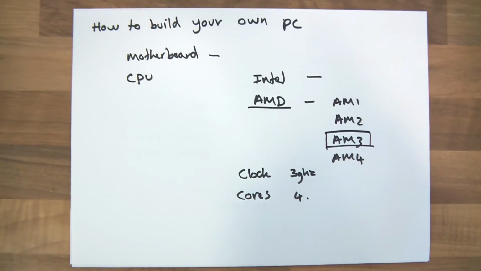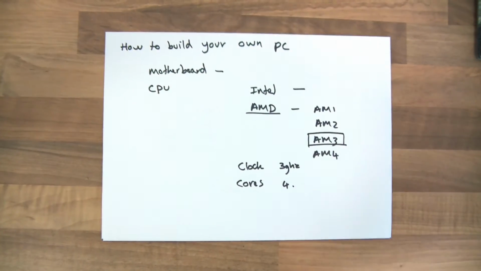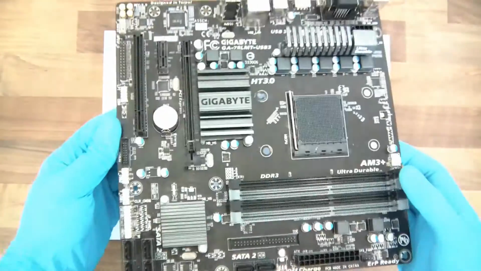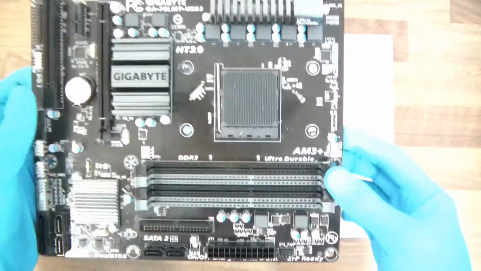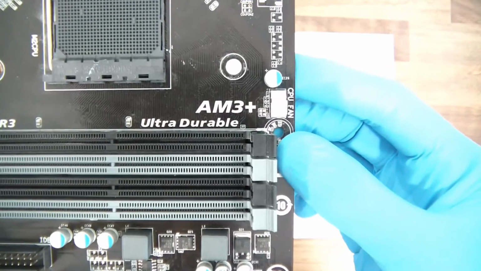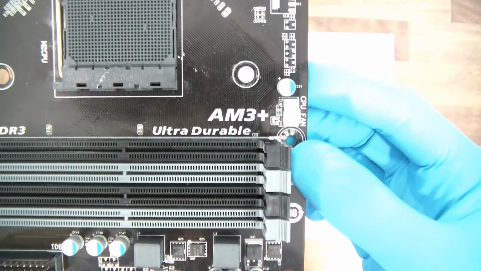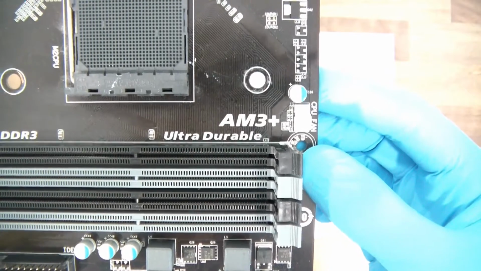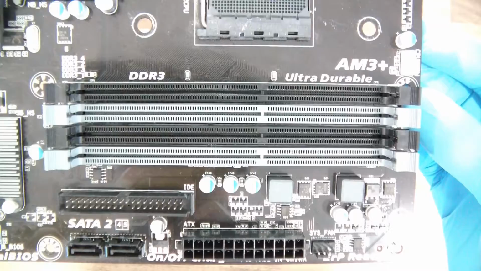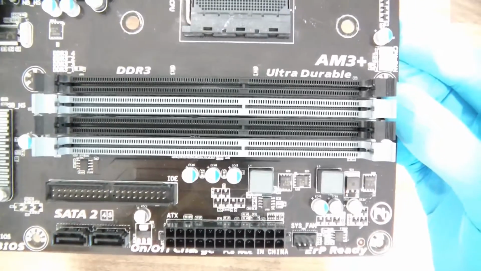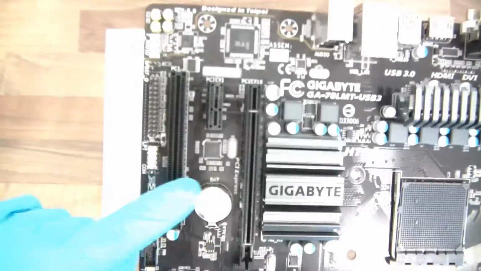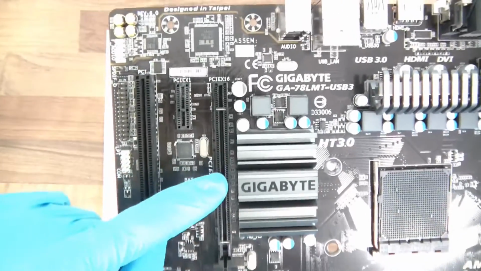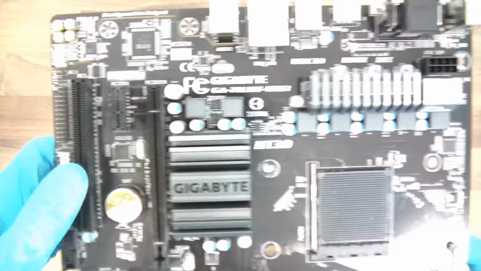So this is the board that I've chosen, and this is of course an AM3 Plus, which means that it's compatible with AM3 CPUs and AM4, but I'll be using it for AM3. I've got 4 sockets here for RAM, not that that matters too much. We've got 1 PCIe slot, which is for a graphics card. 1 is fine for me.